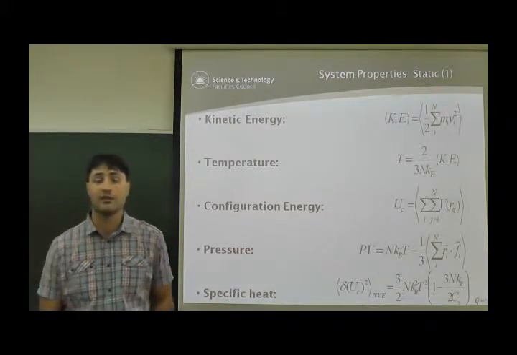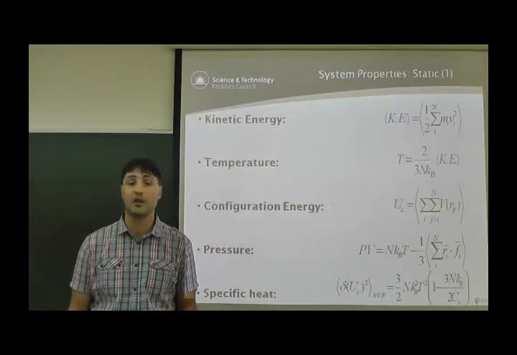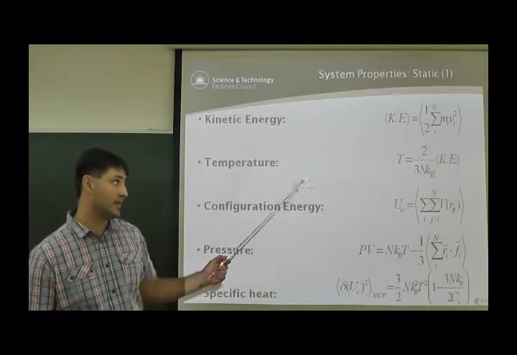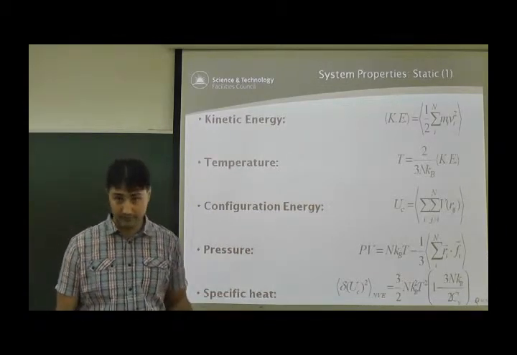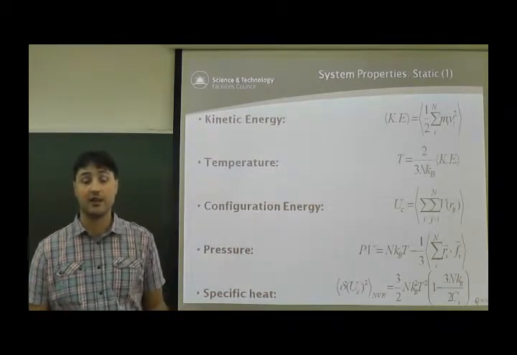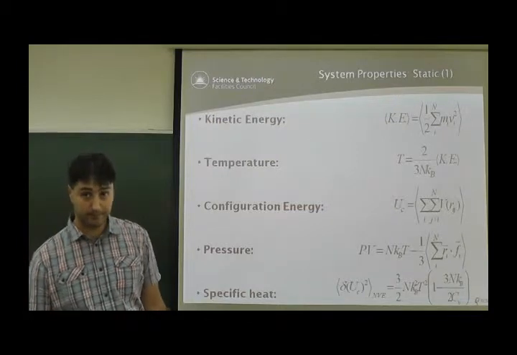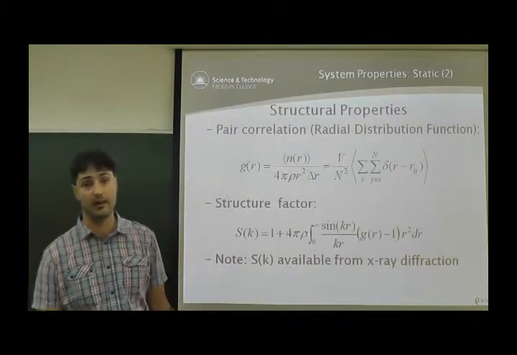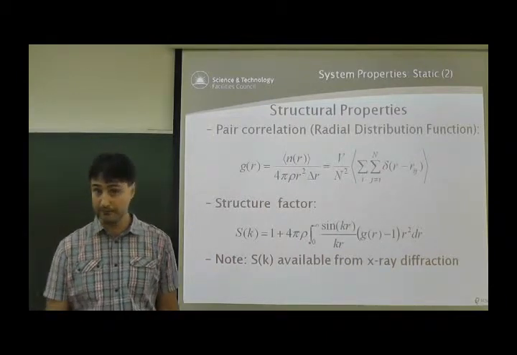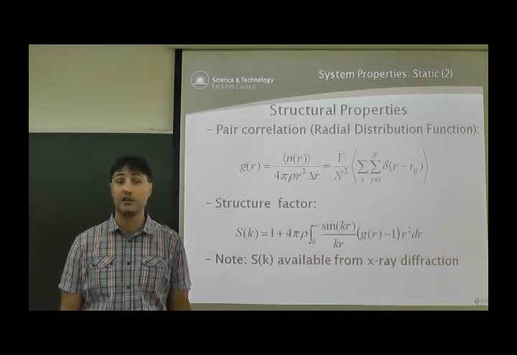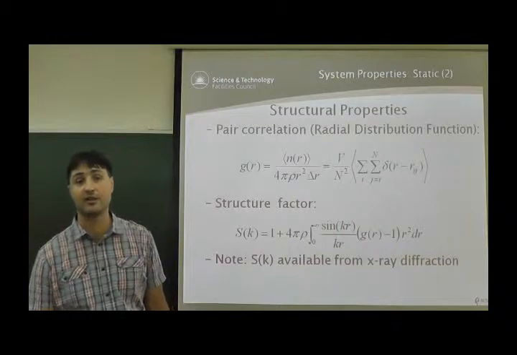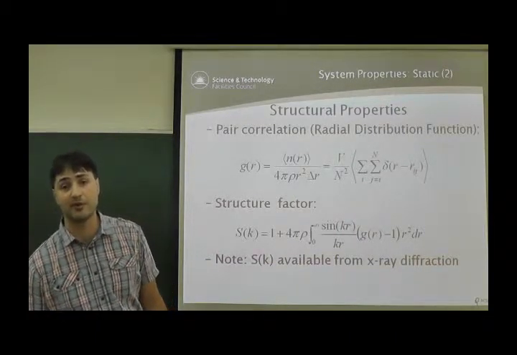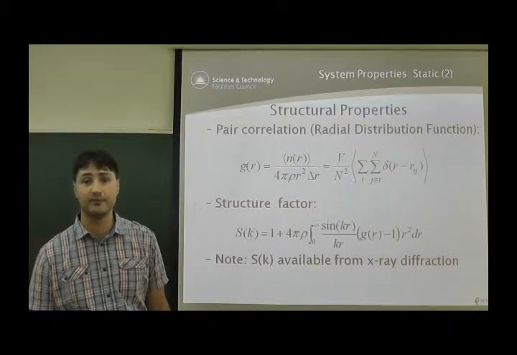What comes out as a result from molecular dynamics simulations are certain properties: kinetic energy, temperature, total configuration energy, pressure, specific heat. There are some structural properties that can be calculated, like pair correlation or radial distribution function, and structure factor, which of course can be compared to experiment because it comes from X-ray and neutron scattering.